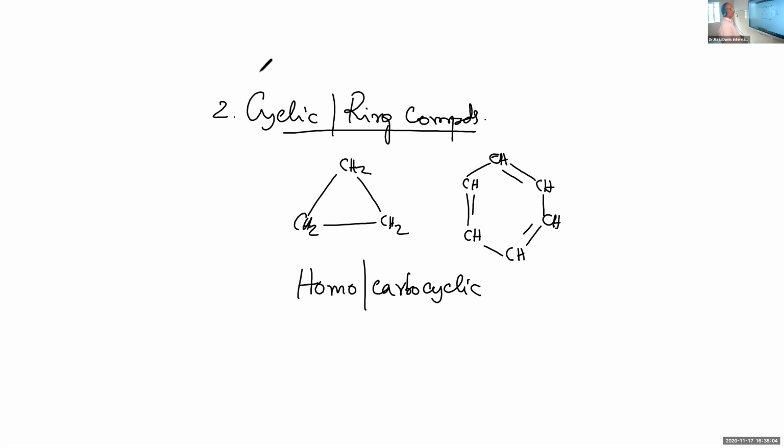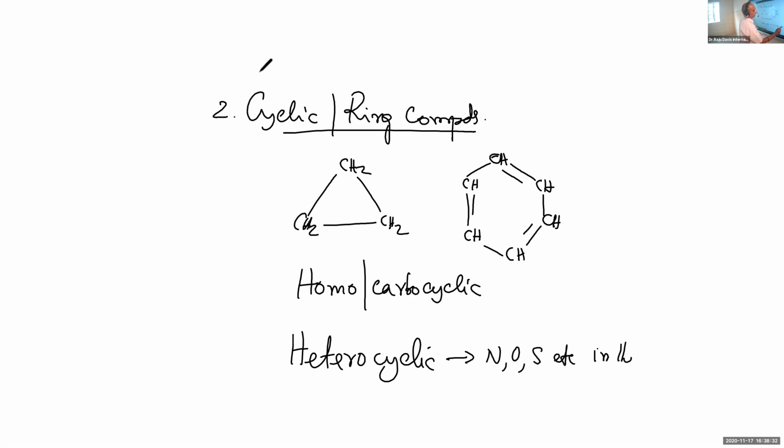That is called a heteroatom. Such compounds are called heterocyclic compounds. In the ring, there will be a heteroatom like nitrogen, oxygen, sulfur, etc.